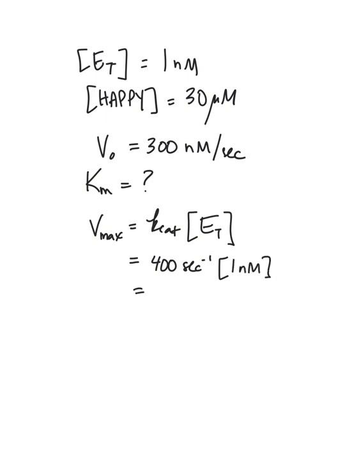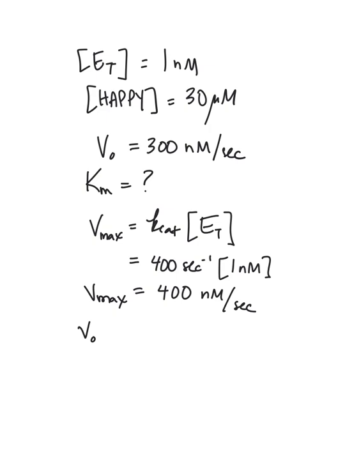So your Vmax is going to be 400 nanomolar per second. The solutions manual for the textbook moves some stuff around to make the algebra much easier, but I'm just going to plug it into the original Michaelis Menten equation and do some algebraic steps to sort it out. I think that's a little bit easier to follow.